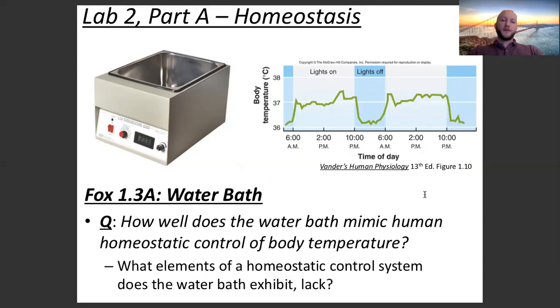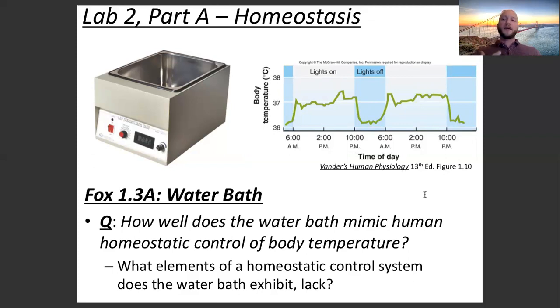Here's something else to think about. How well does the water bath mimic human homeostatic control of body temperature? Little heads up: homeostasis, homeostatic control. Homeostasis is the maintenance of a stable internal environment.